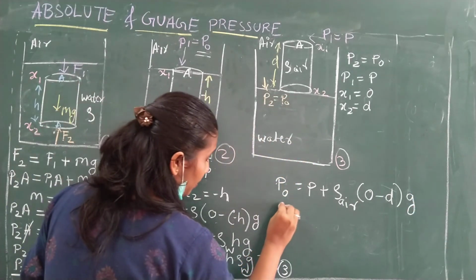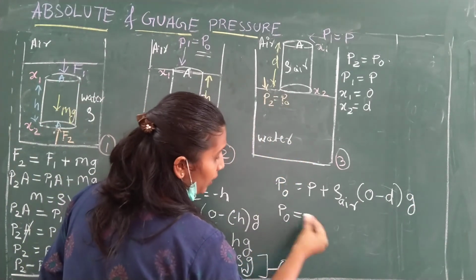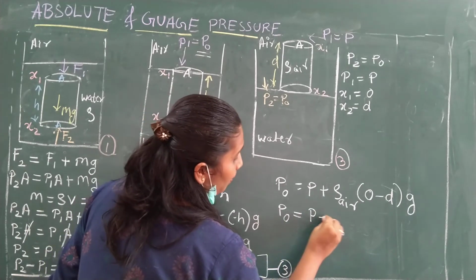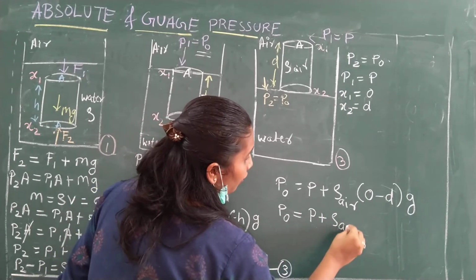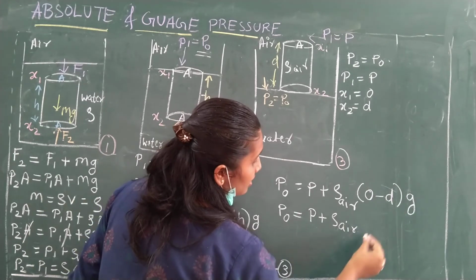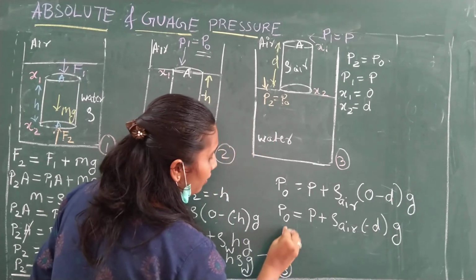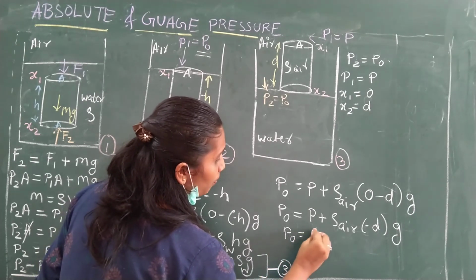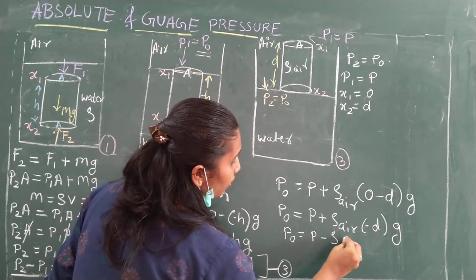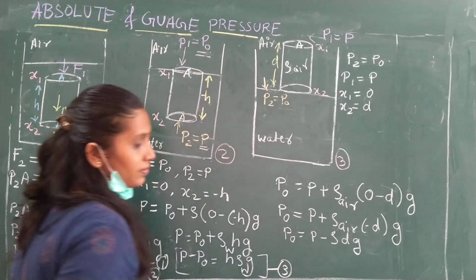Now this equation will be P0 is equal to P plus density of air, this is minus d into g. So this whole term will look like P0 is equal to P minus rho d g.